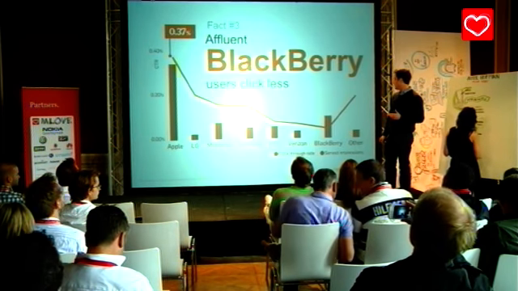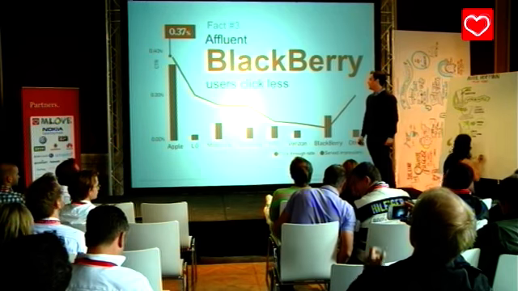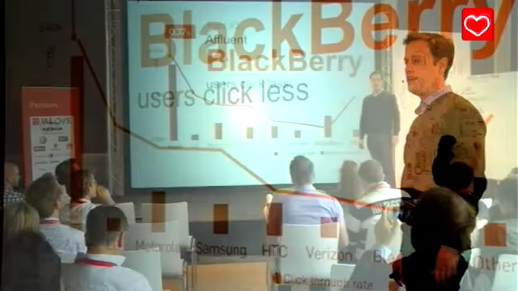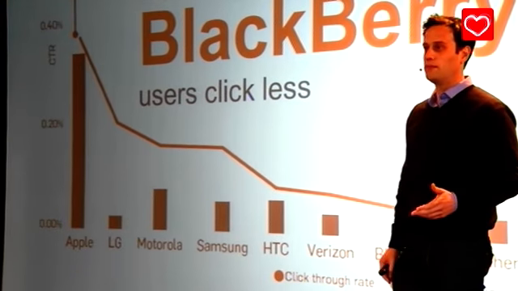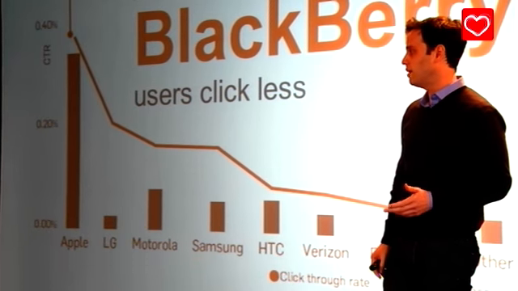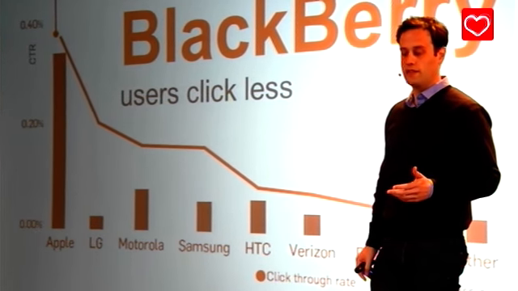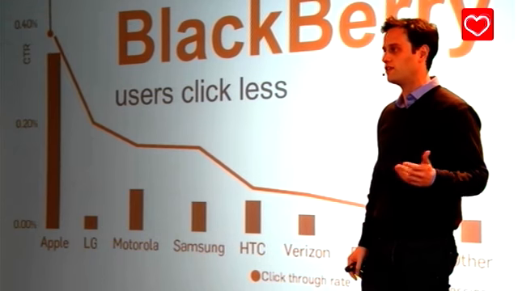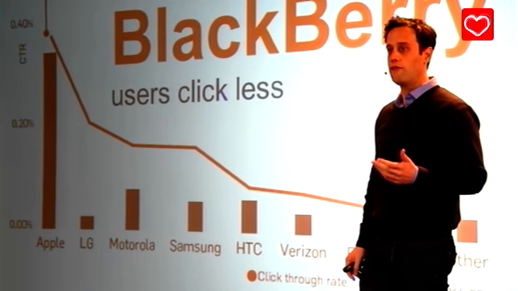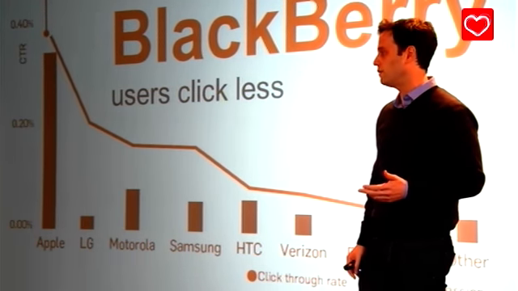On the other hand, when we look at the BlackBerry, we know that advertisers like the BlackBerry because it's a very affluent audience. It's a lot of CEOs, a lot of managers, executives, and so on, very affluent people, a very prized audience for advertisers.